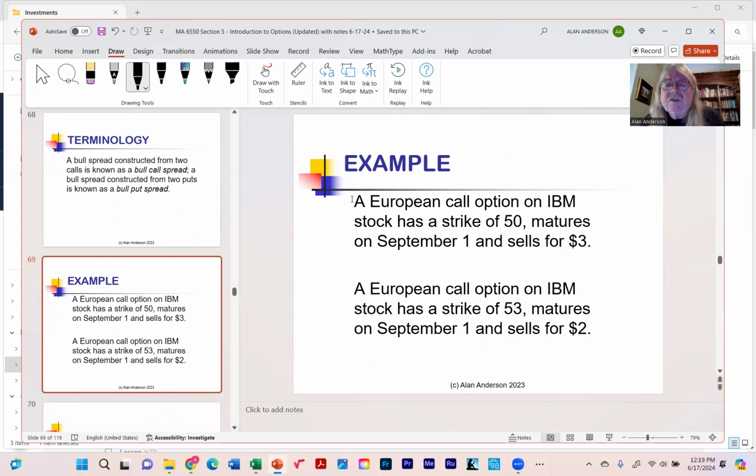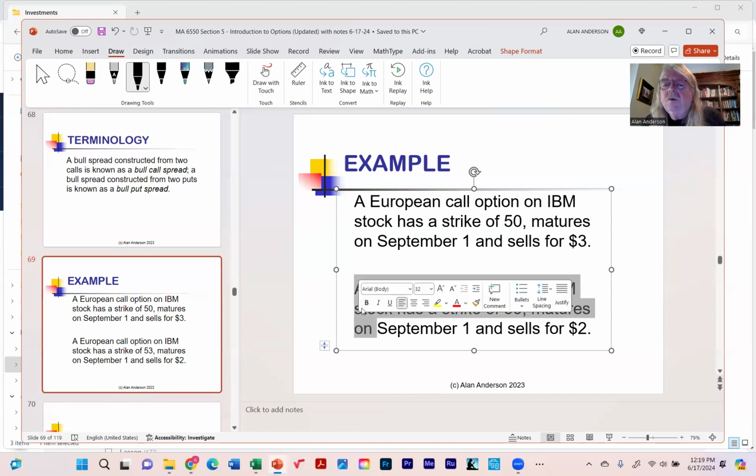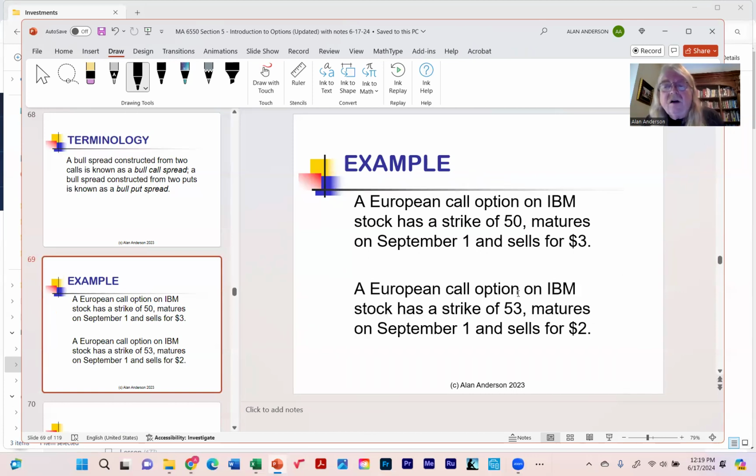So going back to the original example we had of a European call, strike 50, and price of $3, let's assume that there also is available to us a call on IBM where the strike is 53. Because the strike is higher, the cost of the option is lower, because it's harder to make money when the strike is higher.